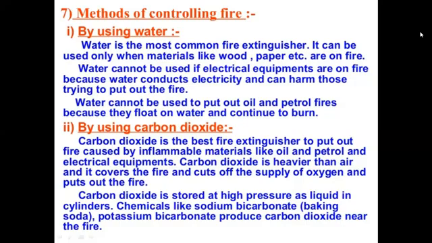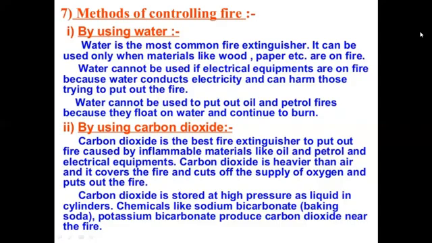Next, the second method is by using carbon dioxide. Carbon dioxide is the best fire extinguisher to put out fires caused by inflammable materials like oil, petrol, and electrical equipment. The reason is that carbon dioxide is heavier than air, and it covers the fire and cuts off the supply of oxygen and puts out the fire.